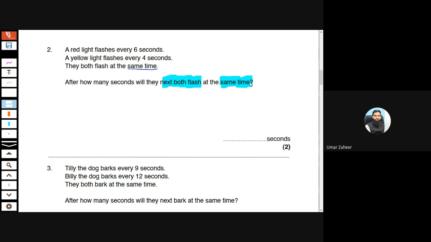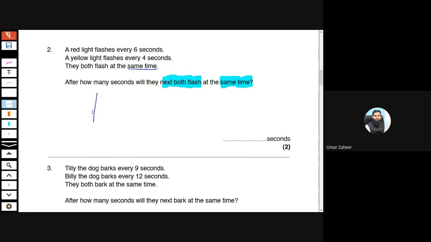Which concept do you have to use here, LCM or HCF? We have to use the LCM concept here. We take the LCM of these two numbers because we have to find when they are going to flash together.